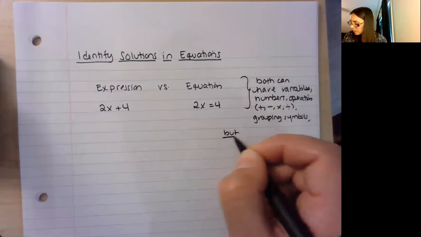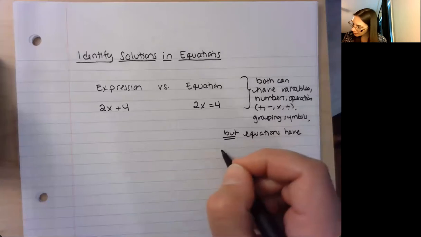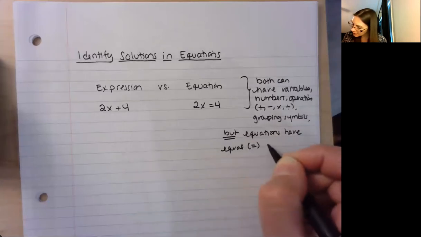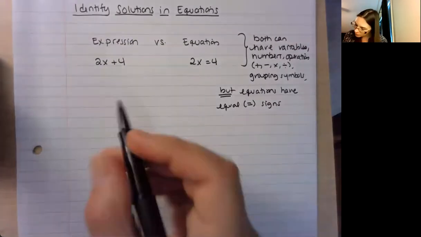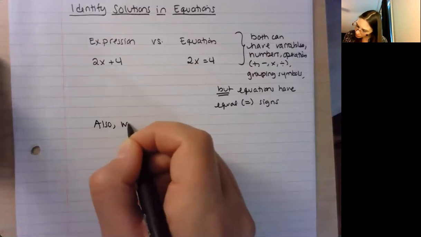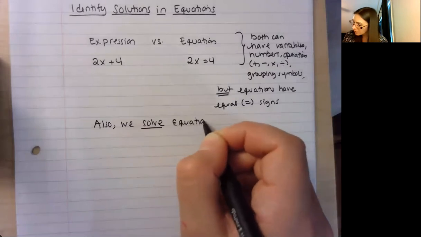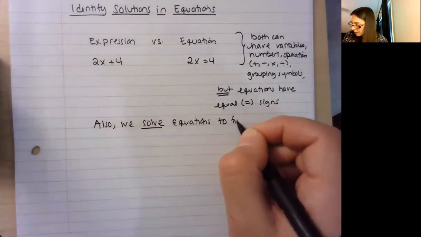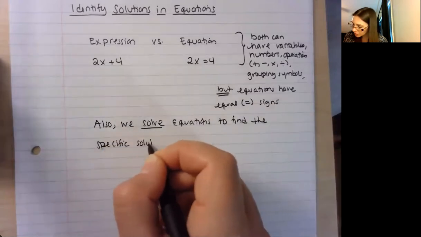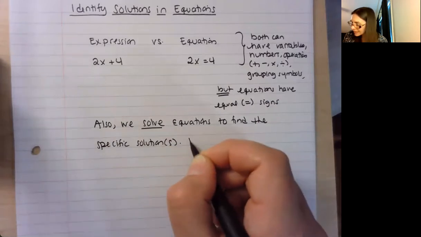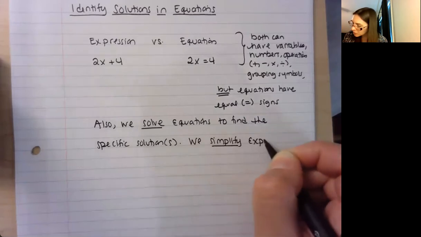But equations have equal signs. Also, we solve equations to find the specific solution or solutions, whereas we simplify expressions.